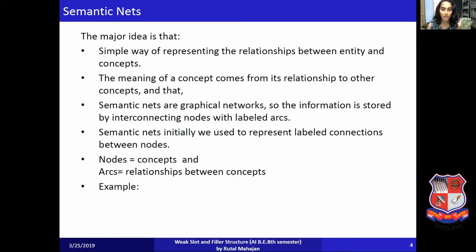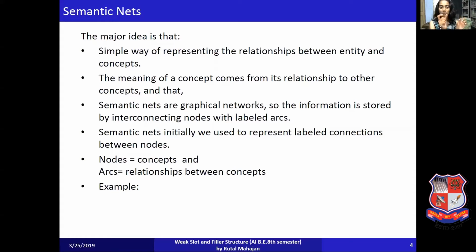The meaning of a concept comes from its relationship to other concepts, and semantic nets are graphical networks. The information is stored by interconnecting nodes. There are 2 nodes that are connected with labeled arcs, meaning the arrows between 2 concepts have certain labels.